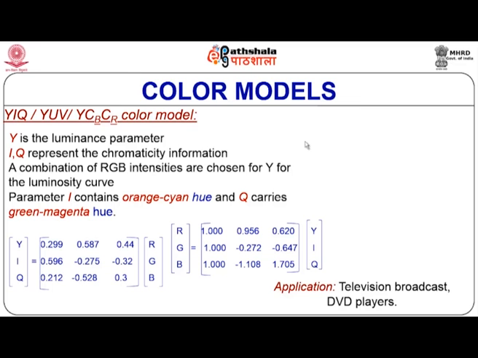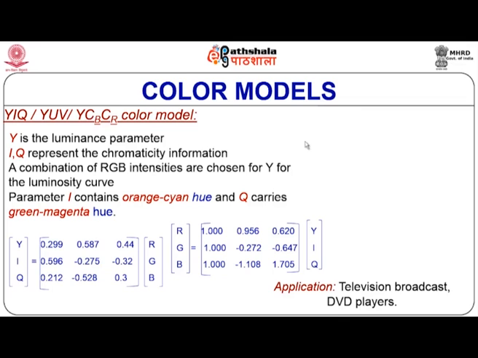Okay. The YIQ color model, where is it popular? Do you know where this is used? Television broadcast uses the YIQ color model or the YUV color model. Even on DVD players, at the back side of these players, you can see that it supports the YUV format, it supports the YCbCr format.